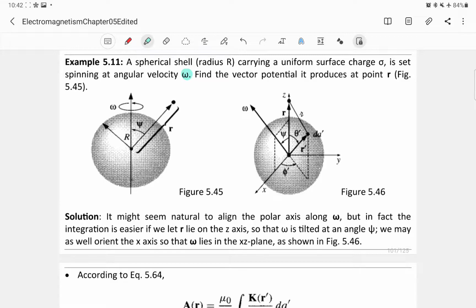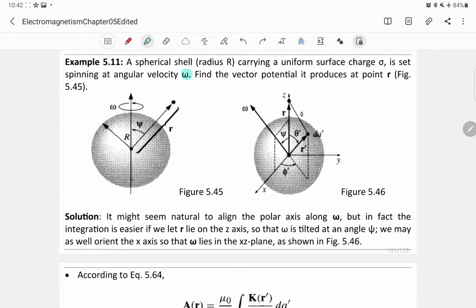So we could align the angular velocity to the z-axis, but it would be easier for us to solve the problem if we align R with the z-axis, like in this figure here.